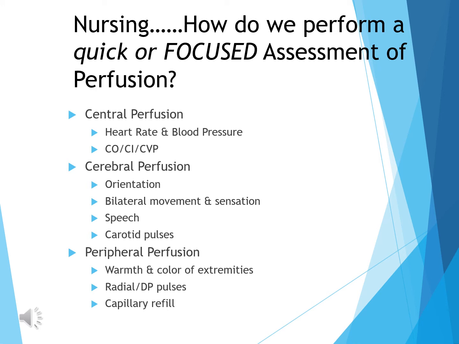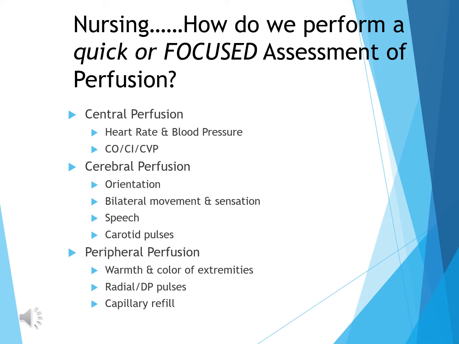Also, through our cerebral perfusion, our orientation status and mentation. Do we have altered mental status? Do we have good bilateral movement and sensation of extremities? Our speech, is it clear or is it garbled? Carotid pulses, are they present? Are they strong?